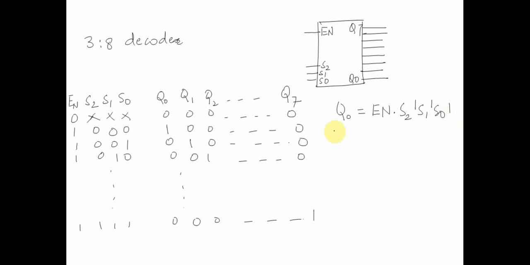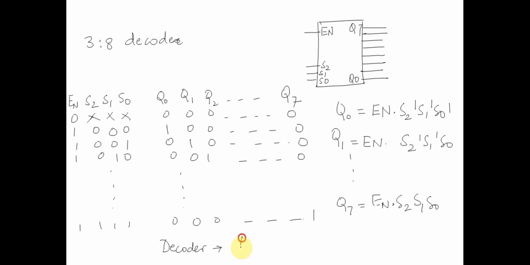For example, this is Q0; for Q1, enable is common, being ANDed with S2 bar, S1 bar, S0. Similarly, Q7 is nothing but enable, S2, S1, S0. So if we assume that enable is a common constant in all the terms, because that is what we have, whether everything is 0 or one of the outputs would be active depending upon enable, we would see one important use of the decoder.